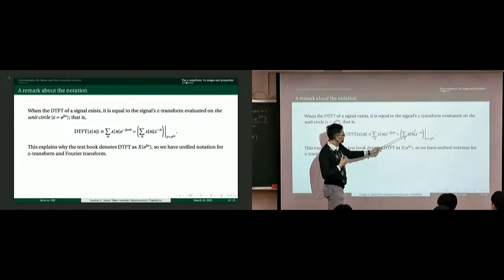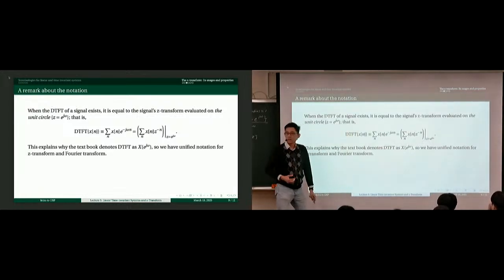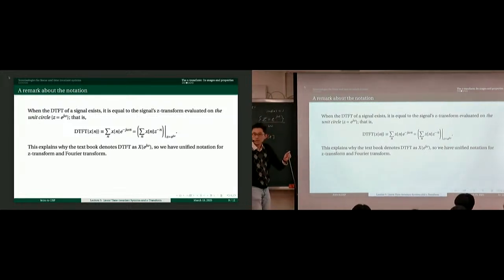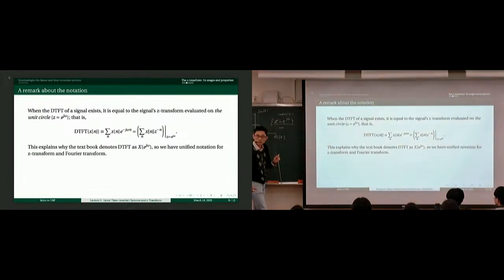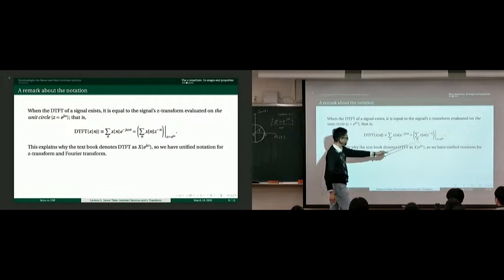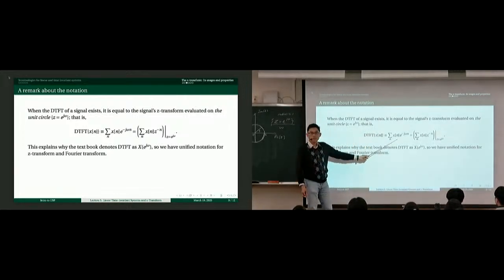Z here just makes a substitution. Z equals e to the j omega. That's what we mean. 在 unit circle 上面测量 Z transform or evaluated. Z transform when evaluated on the unit circle, just make the substitution, then you get this. And what is this?